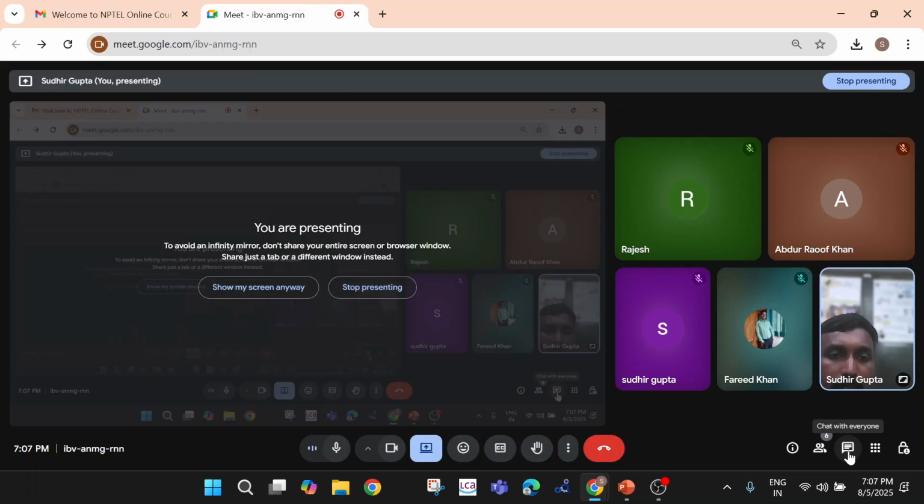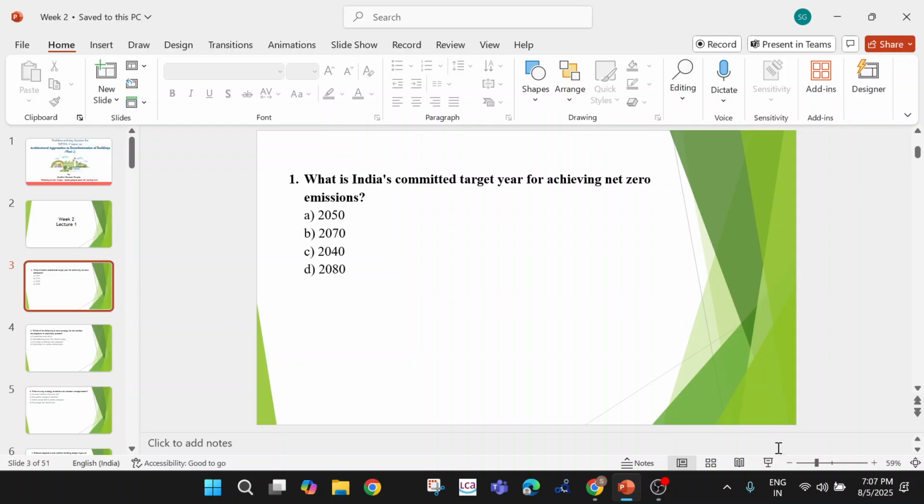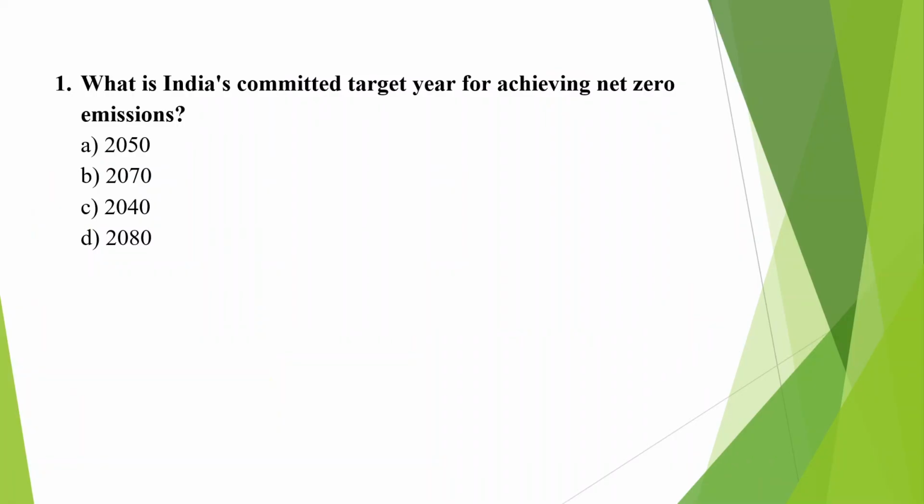Farid is there and Abdul is also there. Let me project the question again for all of you then. Abdul is also supporting 2050. I have received 2 answers for 2050.